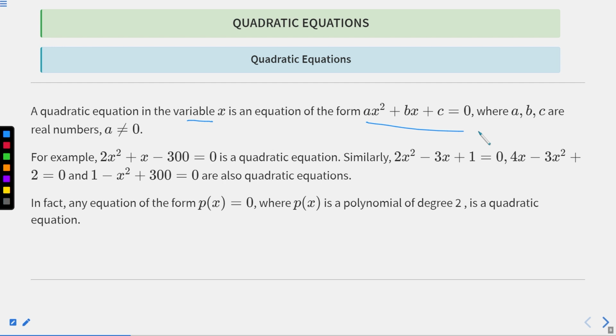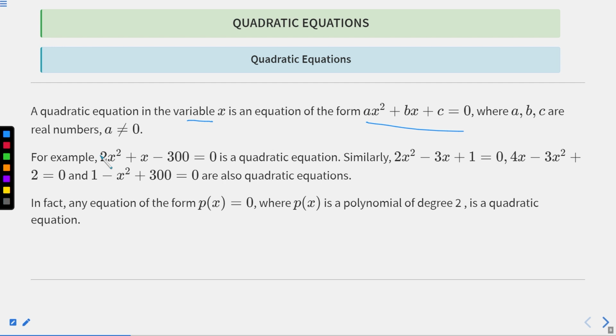So for example, if we take 2x square plus x minus 300 equal to 0, this is a quadratic equation, since on the left hand side this is a quadratic polynomial and it is equal to 0. And we know when a quadratic polynomial is equated to 0, we get a quadratic equation. So this is an example of a quadratic equation.